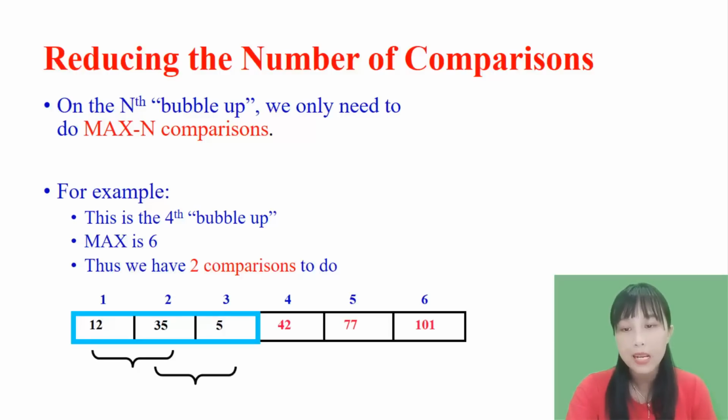For example, on the fourth bubble up, we have fewer comparisons to do.